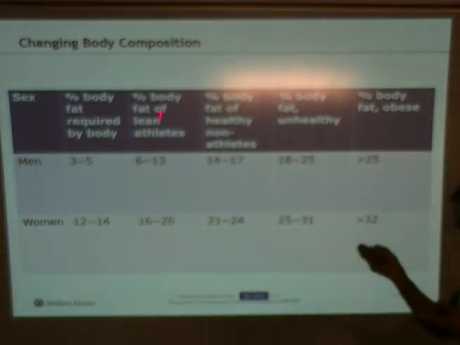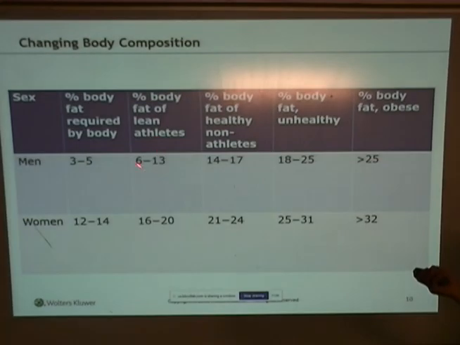Lean athletes. So lean male athletes are usually somewhere between 6 to 13%. Lean female athletes between 16 to 20%.